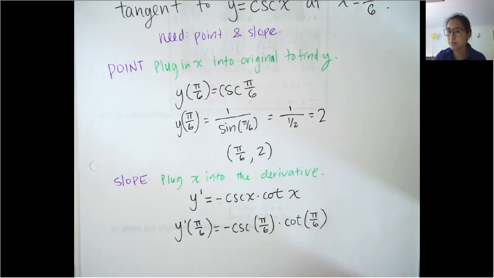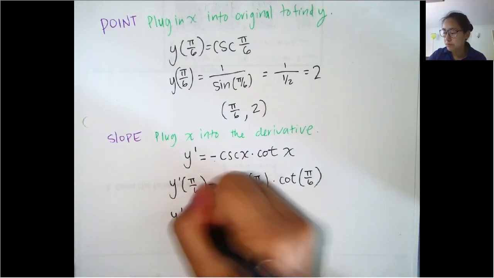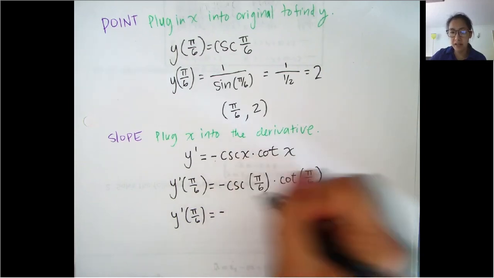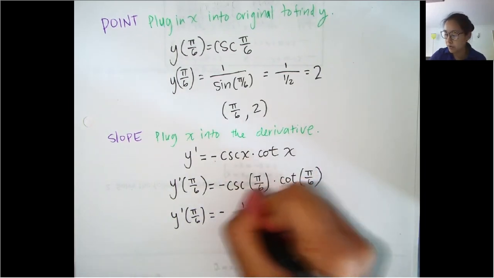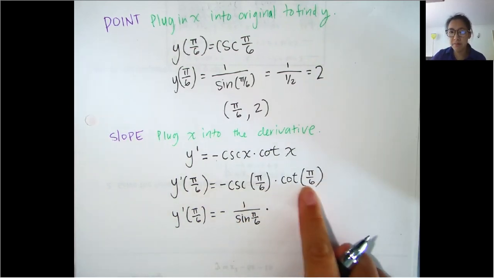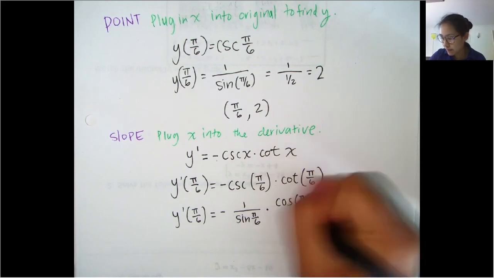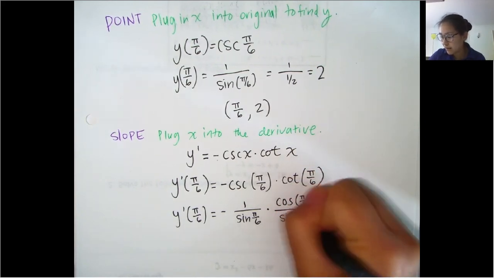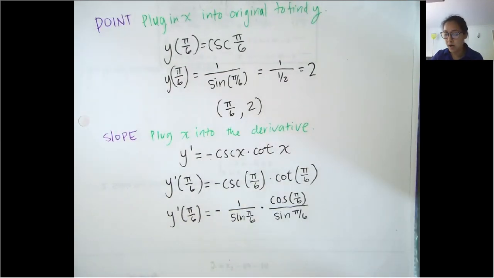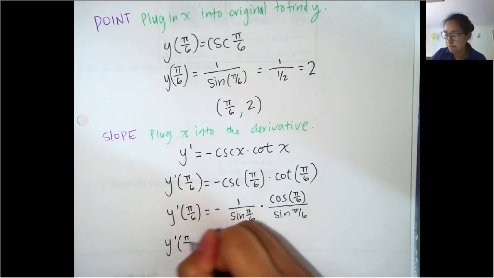And then we're just going to evaluate this. Okay, so we have negative, and then cosecant, as we said earlier, was 1 over sine of pi over 6. And then cotangent of pi over 6 is going to be cosine of pi over 6 divided by sine of pi over 6. And as we said earlier, sine of pi over 6 is 1/2.